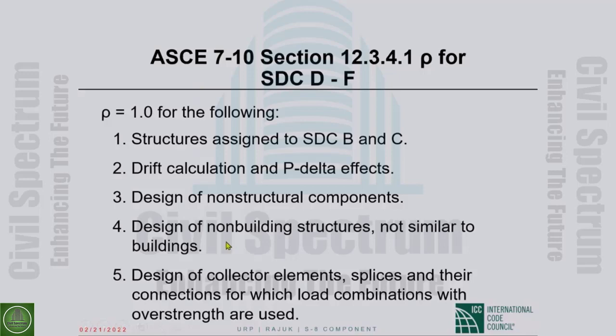Okay, that's item 4. Design of collector elements, splices, and their connections for which load combinations with overstrength factor are used. You remember this came up big time in the design of collectors. Their splices and connections must be designed using load combinations with overstrength factor. And when you have that overstrength factor included, you don't apply another rho factor on top of that.